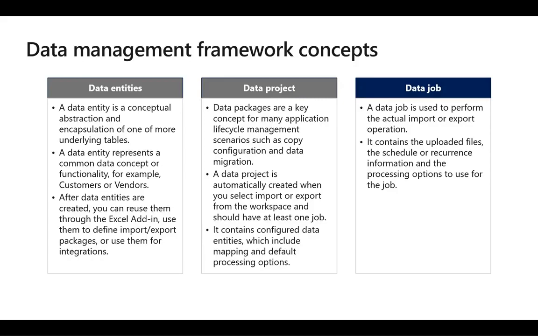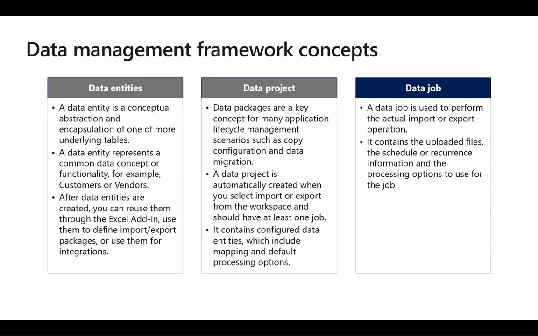The third concept of data migration is the data job. This is a job that contains an execution instance of the data project, uploaded files, schedule recurrences, and processing options. A data job is used to perform the actual import or export operation.